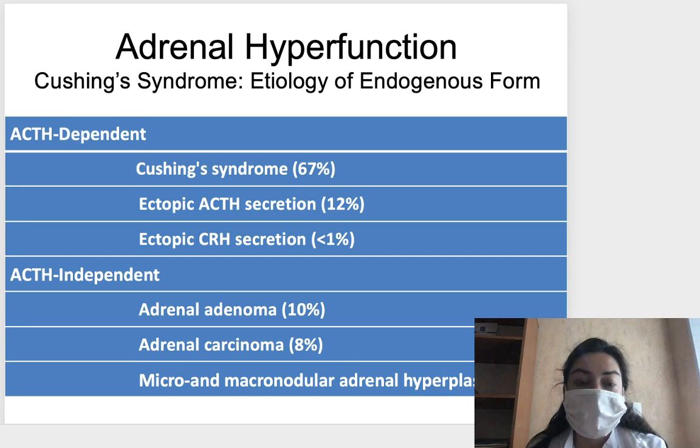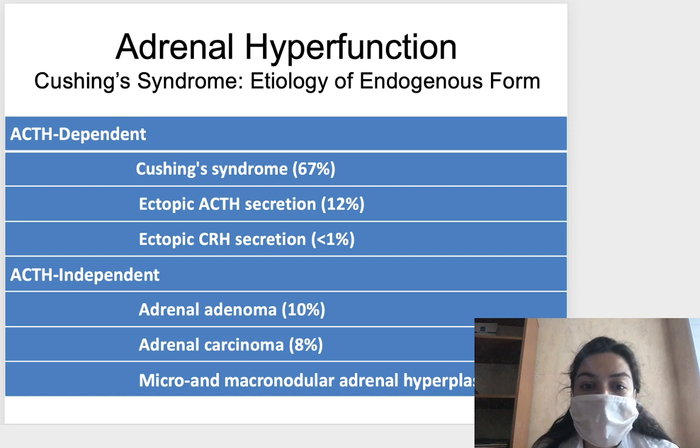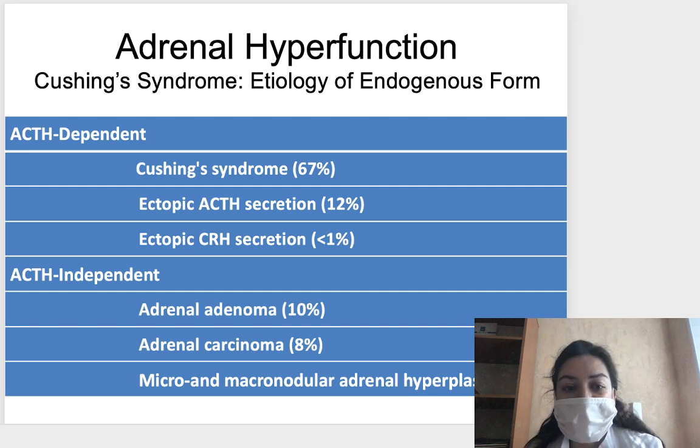Okay, and what about classification? We said that it can be ACTH-dependent and ACTH-independent Cushing's syndrome. For ACTH-dependent, in most cases it is Cushing's disease, 67%, but moreover, it can be ectopic ACTH secretion, nearly 12%, and ectopic CRH secretion, less than 1%.